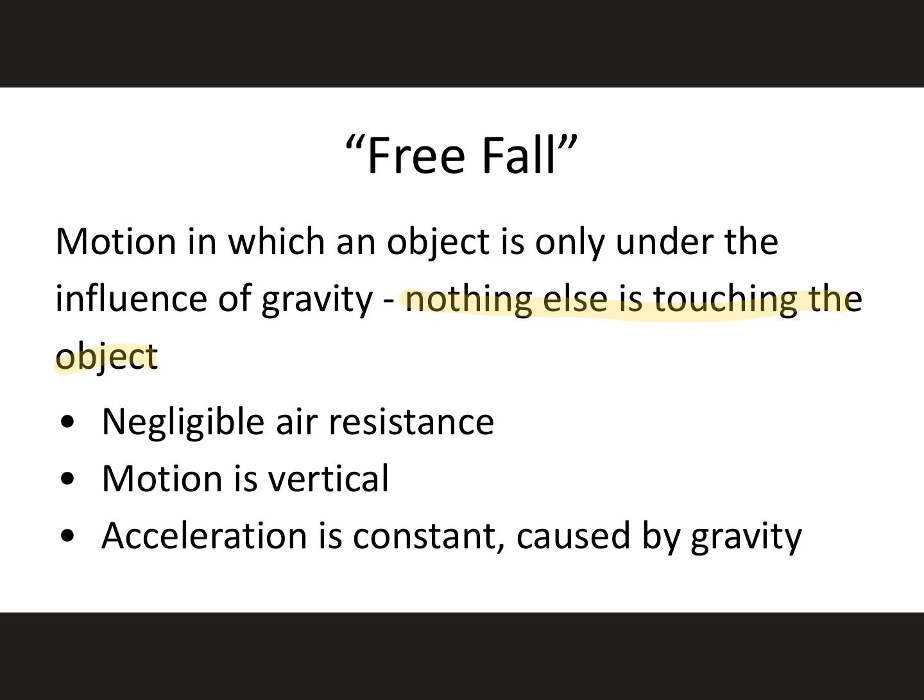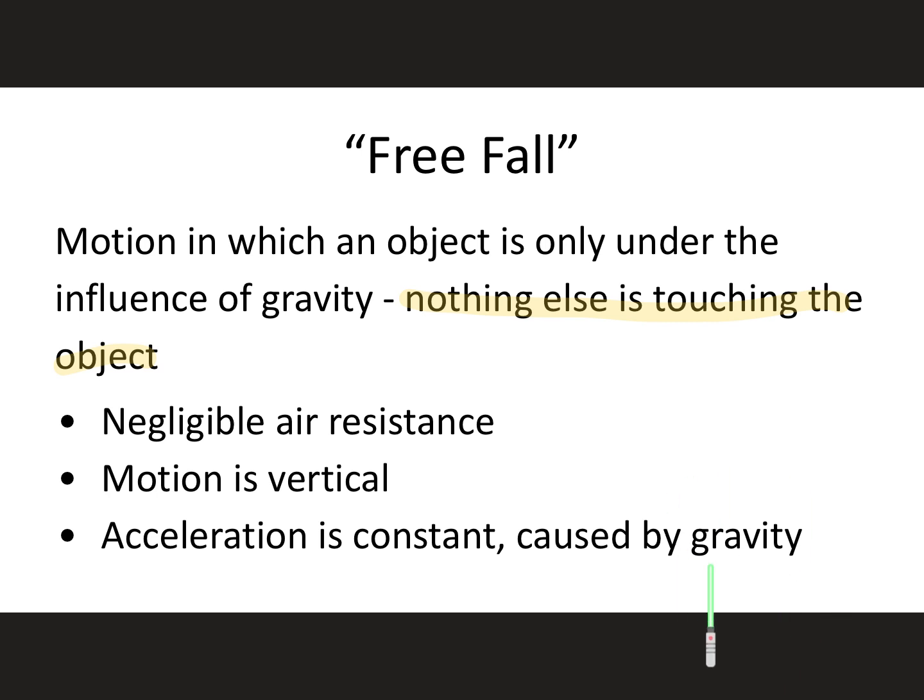The qualifications of this are that for it to qualify, there must be negligible air resistance. There must be some aspect of the motion that is vertical, and the acceleration must be constant and caused by gravity.